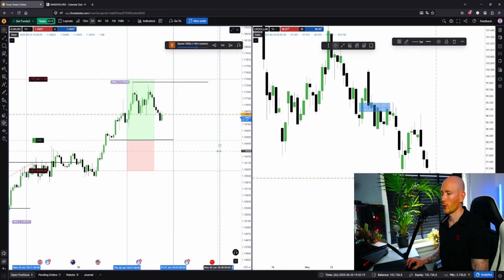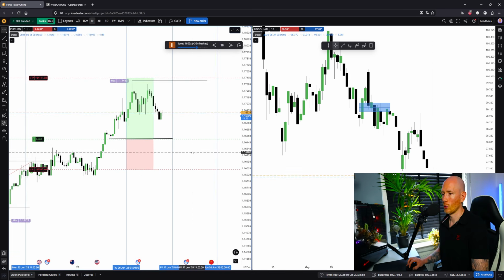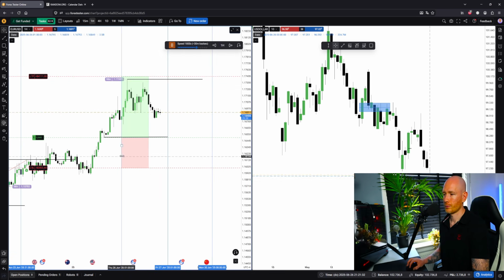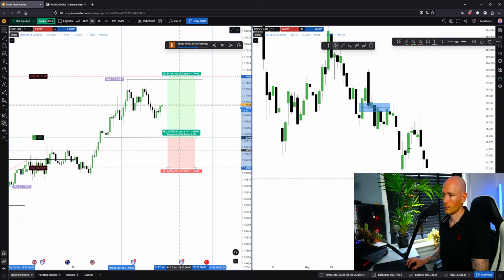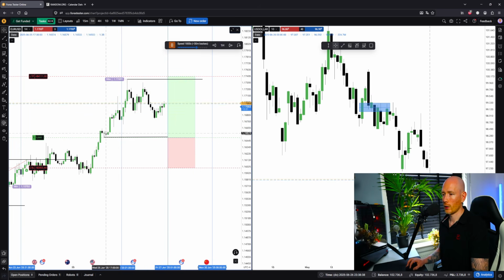Quickly move around my midnight opening lines while we're waiting. Still valid. This is the low and this is the push up. So we could still run this low back into discount.